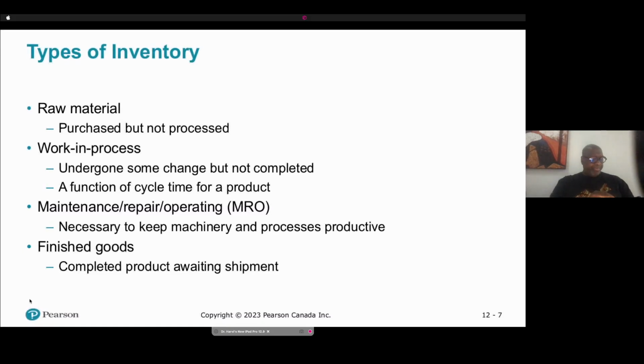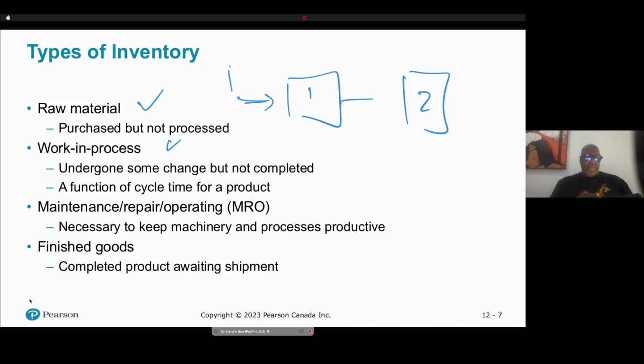All right? Types of inventory: raw materials, of course, that go into the production of goods. Work in process is what happens between two facilities. So if you have workstation 1 and 2, raw materials might come in here, and then work in process inventory is what goes in here, because you probably have an assembly process that has, let's say, 3 steps.